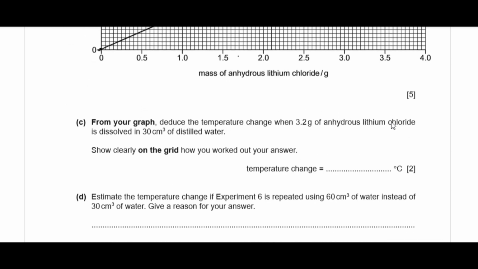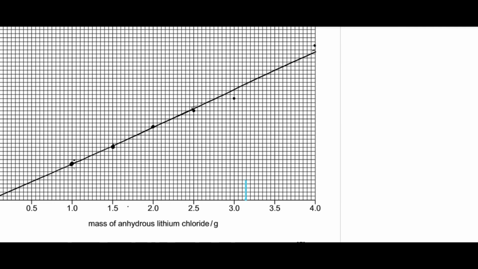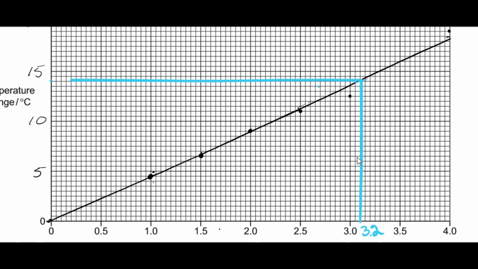After that we are given a question to calculate the temperature change for 3.2 gram of anhydrous lithium chloride. Using a scale, draw the line from 3.2 and now extend it to the left side to find out the temperature. Now find the temperature from there and you would see that it is 14 Celsius.